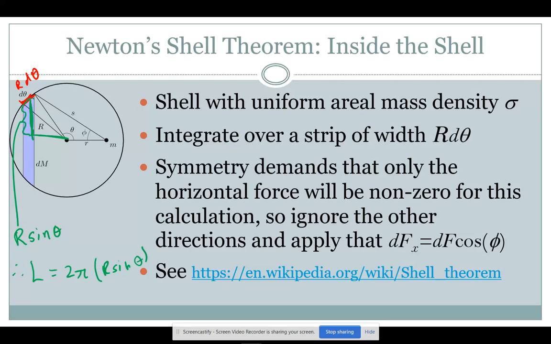So the total area of spinning this thing would be 2 pi times R sine theta, the length, times the width, which was R d theta. And so I'm going to call that my dA. So dA is equal to the width times the length.